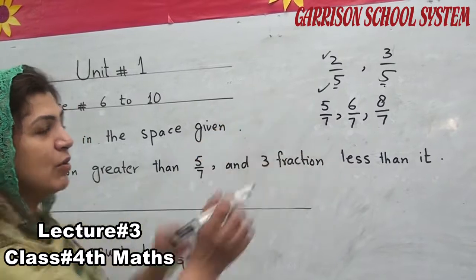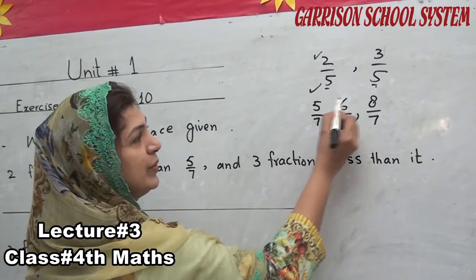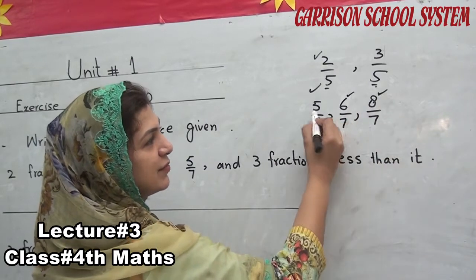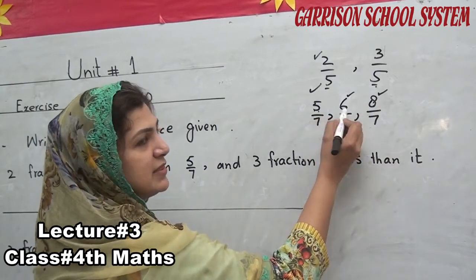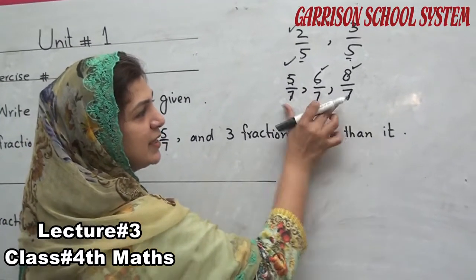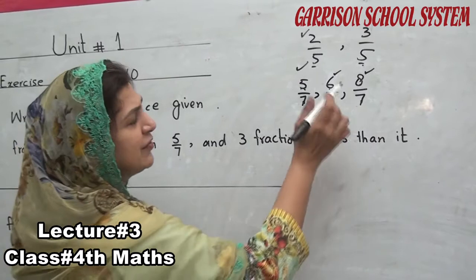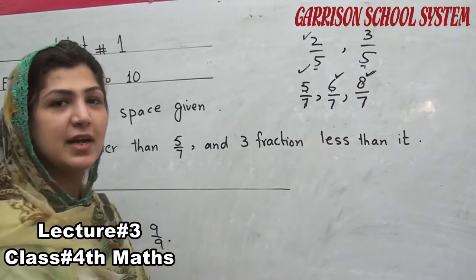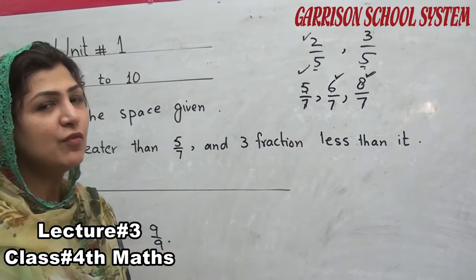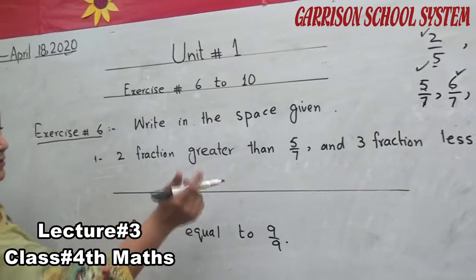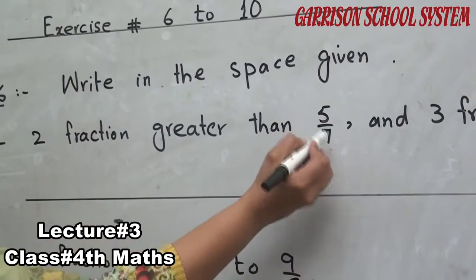And what about the numerator? The numerator 6 is greater than 5, and 8 is also greater than 5. And the denominators are the same, so we can easily find out that this and this fraction are greater than 5 by 7, and we have to write any fraction. So we can write here 2 fractions greater than 5 by 7.